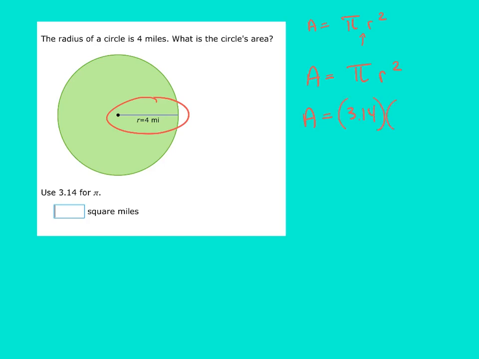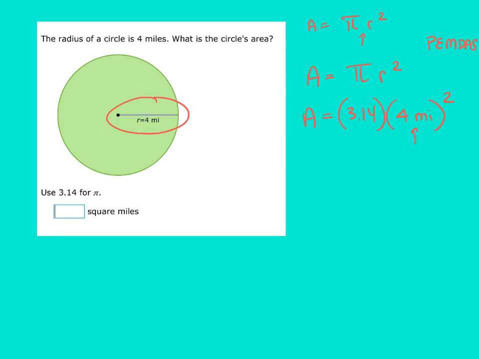Now the radius, I'm going to put it in parentheses because I like to be organized, is 4 miles to the second power. Now, the first thing you should always do is the exponent because according to PEMDAS, parentheses come first and then exponents.